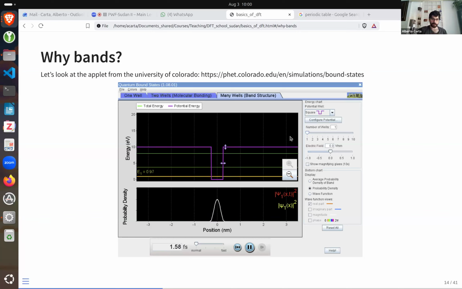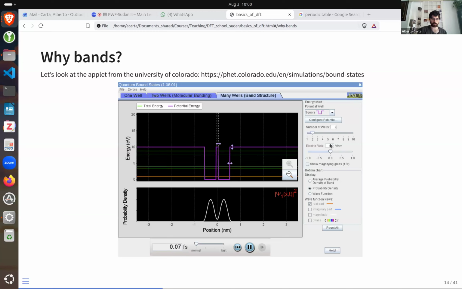Okay, so let's add one well close to the one that we had before. What you can notice is that if we magnify and go really close to the first state, we see that we get two states that are really close in energy.